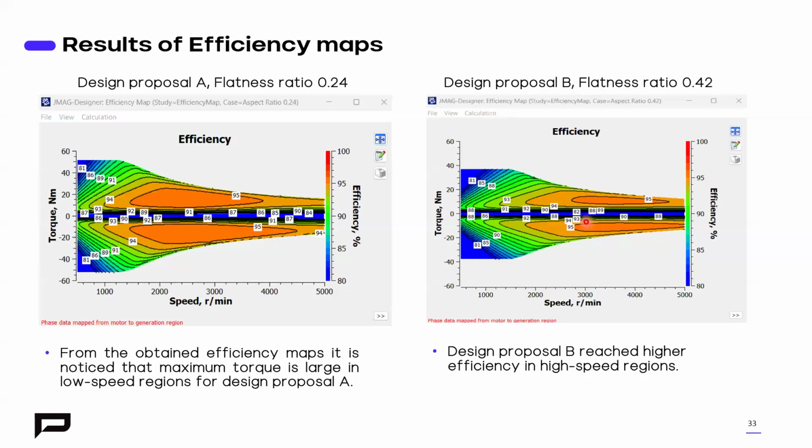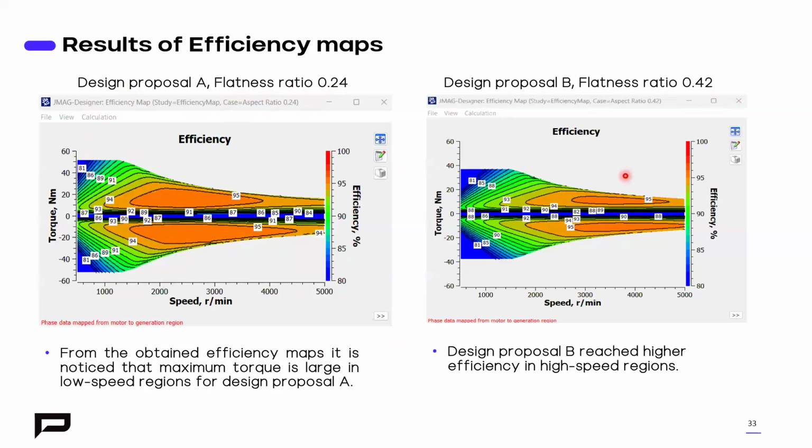Once it is done, these are the results we have observed for both the designs. As I mentioned, we had two flatness ratios, 0.24 and 0.42. For design proposal A, we noticed that the torque is more, but it operates in low speed regions. So design proposal A is for low speed regions.